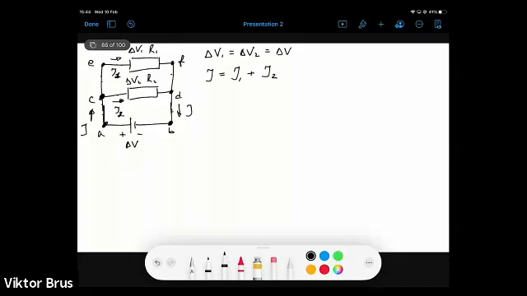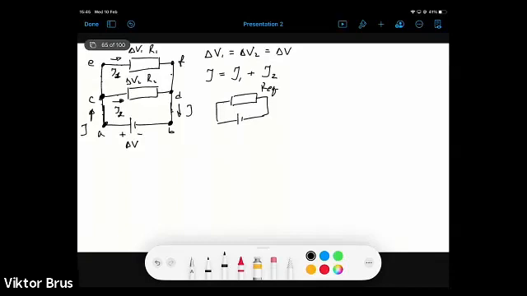Keeping this in mind, let us again ask a question. Is it possible to replace these two resistors connected in parallel with some equivalent single resistor? Then we have again this simple equivalent circuit with R equivalent.